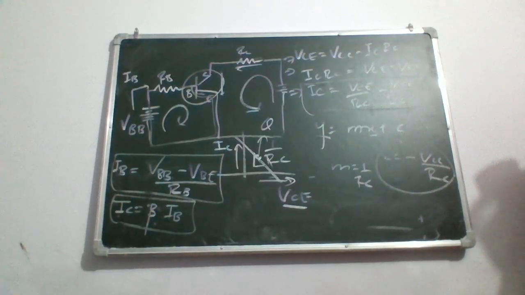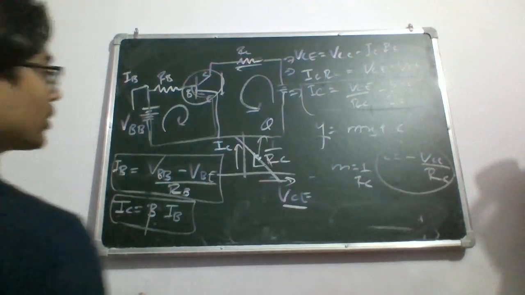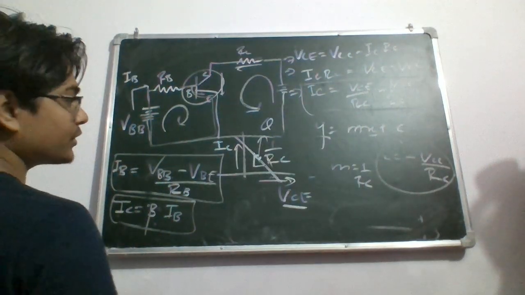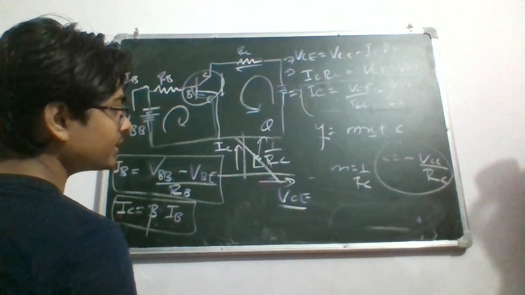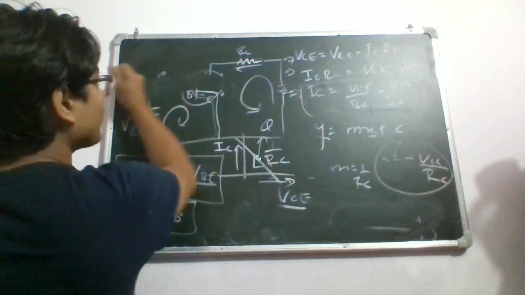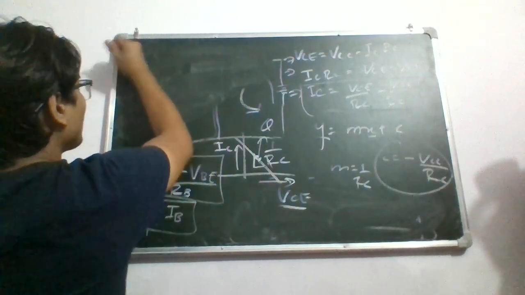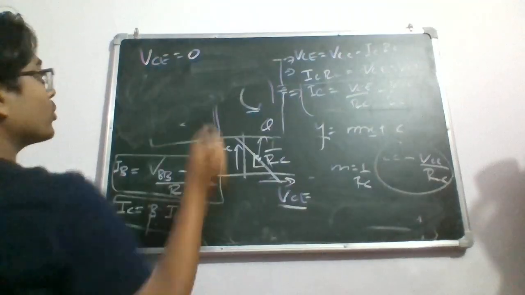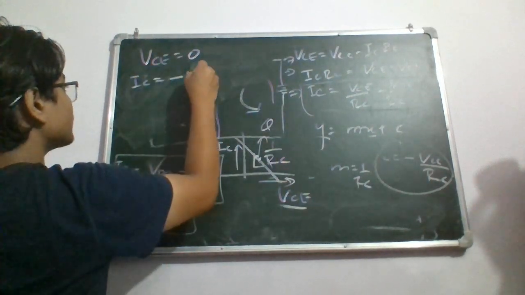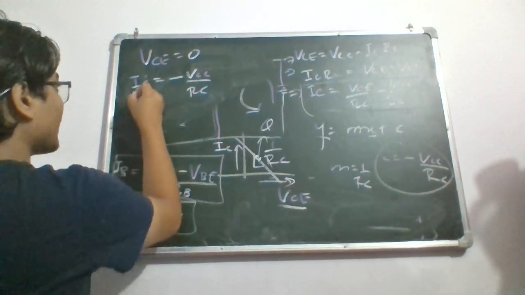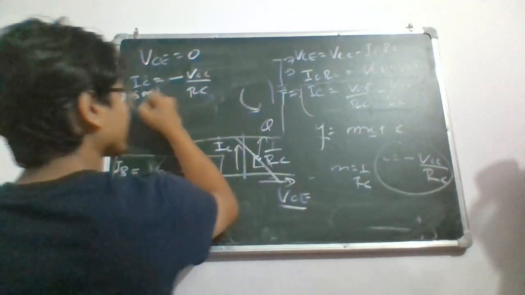Because of that, you'd find something called saturation current and saturation voltage. What do we mean by saturation? Saturation means when this VCE is 0. If we apply VCE equals 0 in every expression, I would get IC equals minus VCC by RC, and this is the saturation collector current.